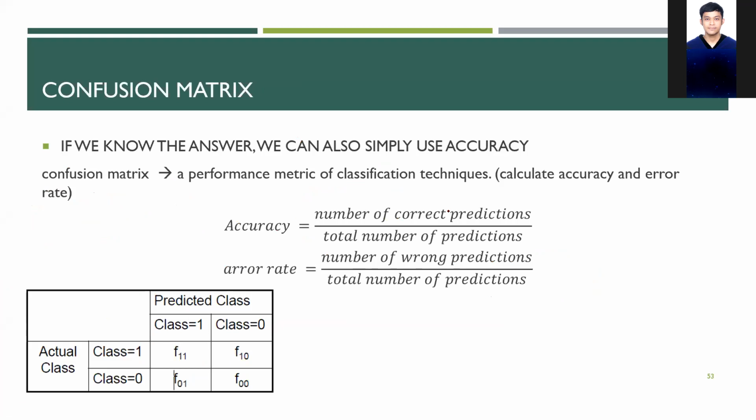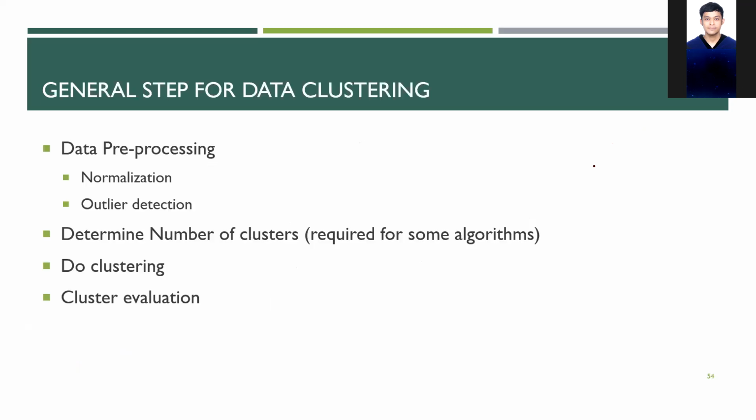This is a confusion matrix, but this is only for supervised data. So if we want to validate our clustering algorithm, we can use the accuracy. Now this is the general step for data clustering. First we have to do data preprocessing, which is at least normalization.